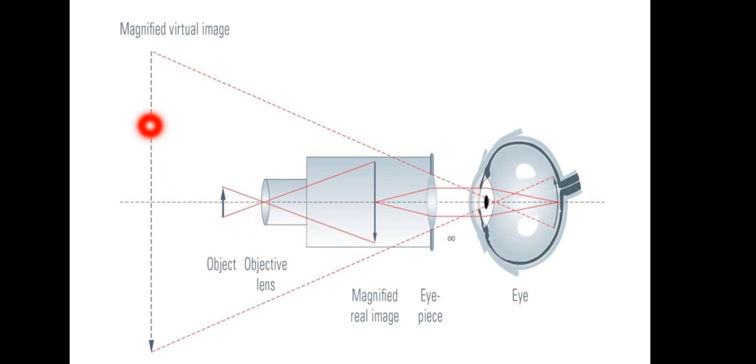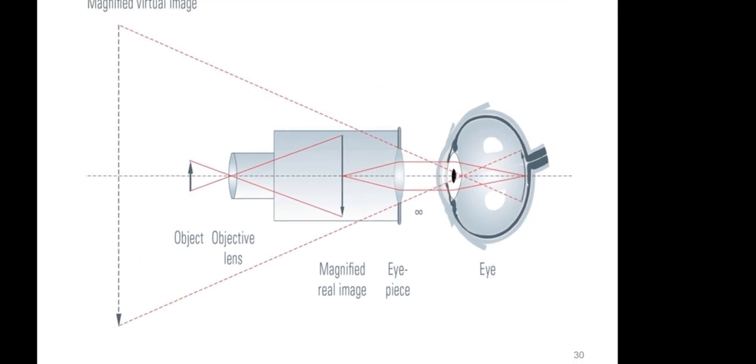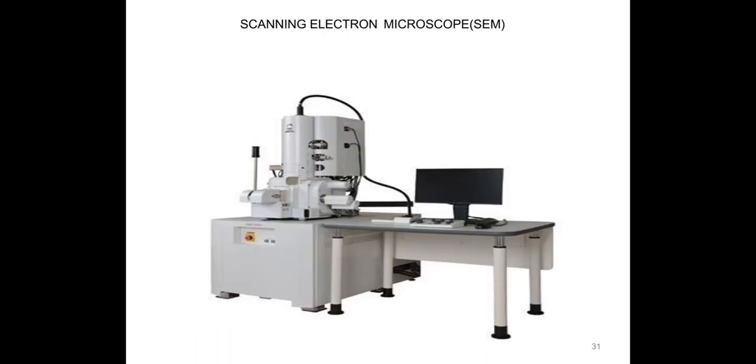And you see here, this is the magnified virtual image. You see the size of this image is much greater than the size of this image, and therefore this is the virtual image. So this is the magnified virtual image. You just see here.